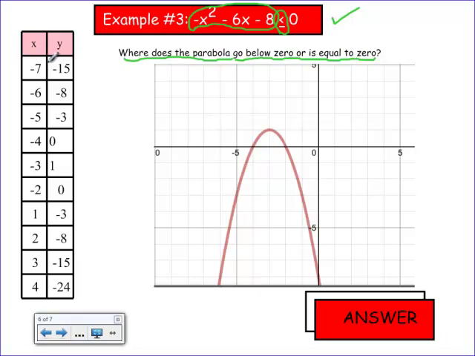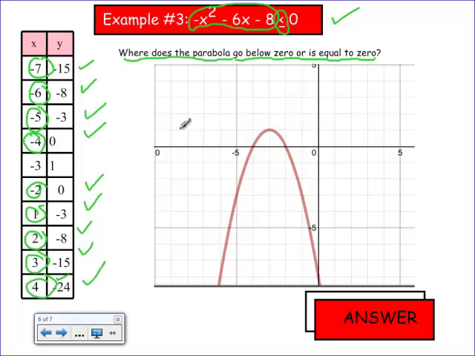Okay, so when I put these x values in, do they give me back answers that are less than or equal to 0? -7 does, -6 does, -5 does, -4 does, -3 doesn't, -2 does, 1 does. Okay, so all those do.